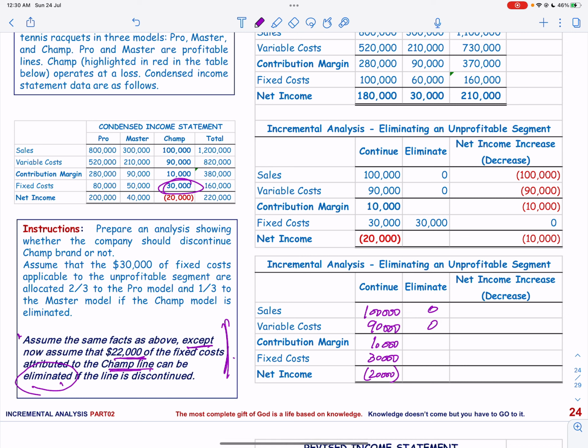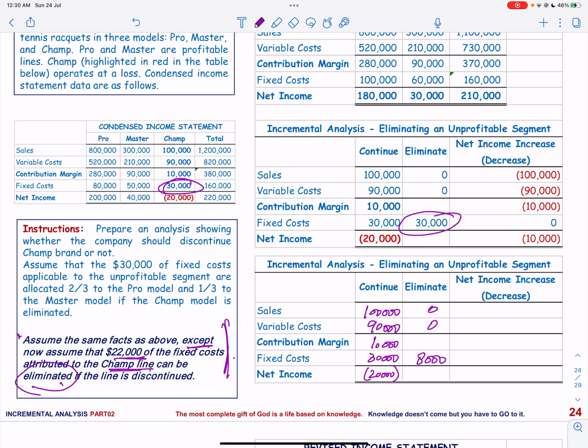If we eliminate, sales and variable cost are 0. Now they say 22,000 of the fixed cost can be eliminated. That means the fixed cost will be 8,000 and not 30,000 as it was before.